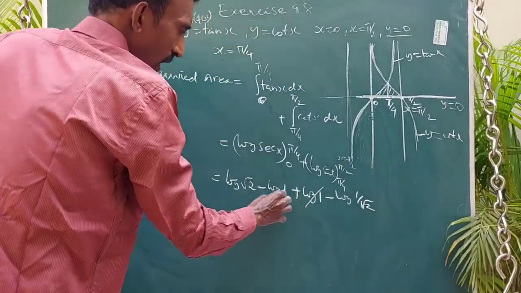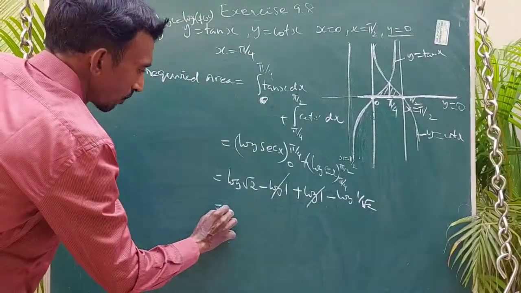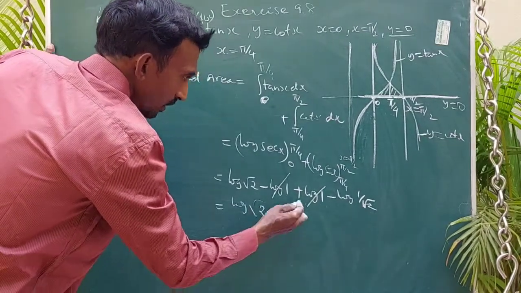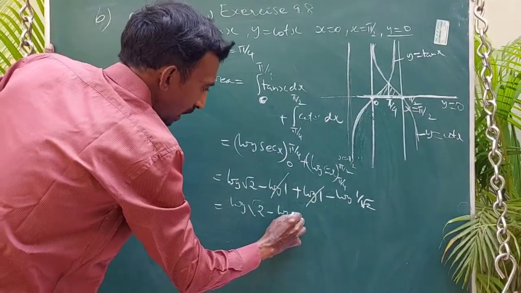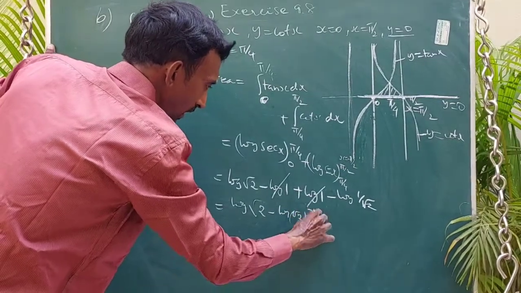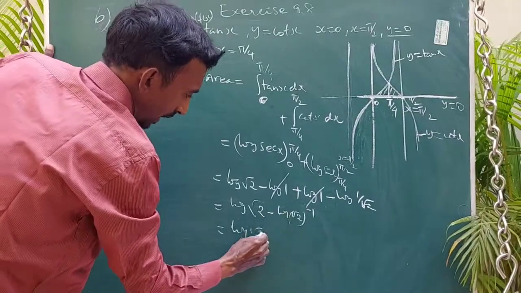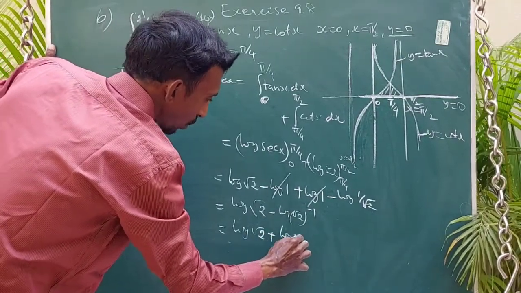Log 1 minus log 1 cancel, leaving log of root 2. This can be written as log of root 2 power minus 1, which becomes minus log root 2, so minus into minus gives plus log root 2.